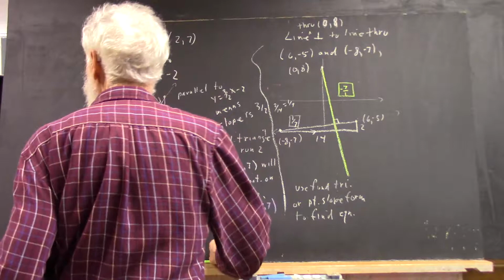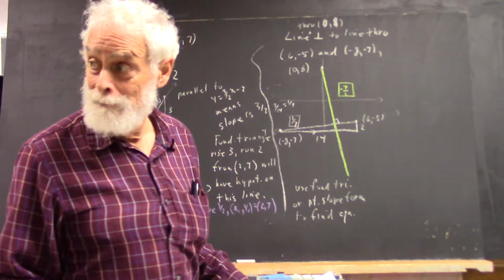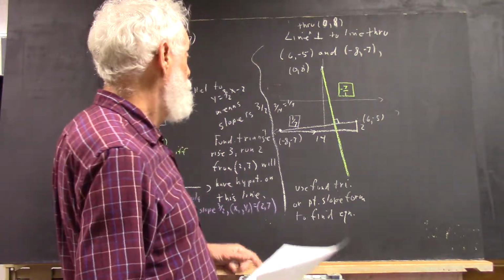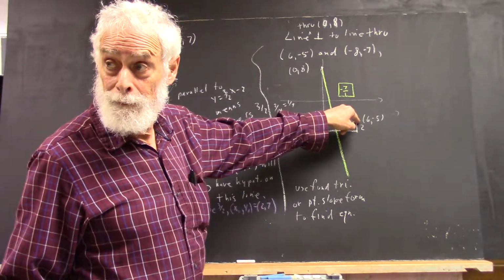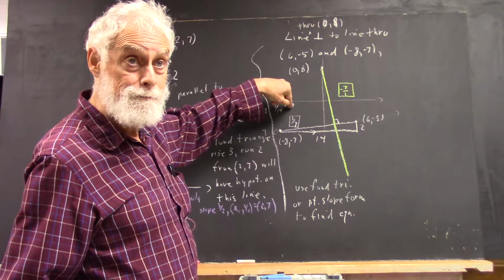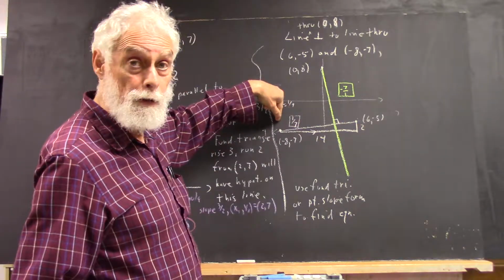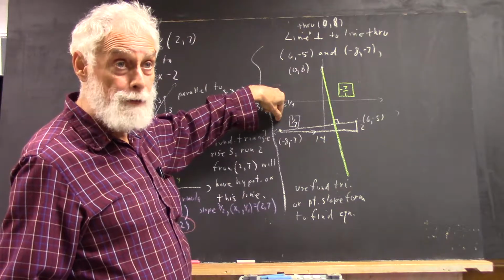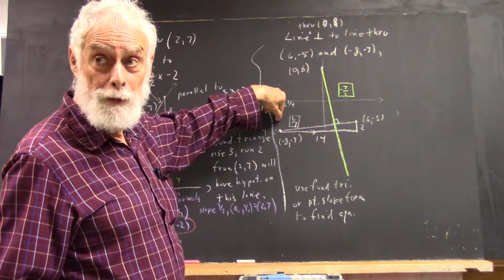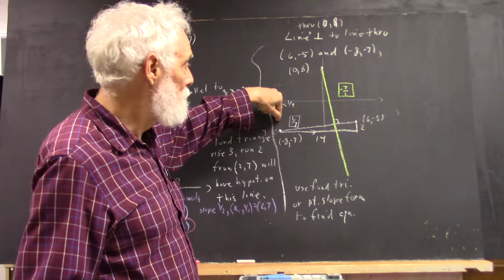I'll do it both ways because it only takes a minute either way. As soon as you see we have these 2 points, we've got to get the line from here to here, right? We naturally get the slope. We naturally do a fundamental triangle on the slope because we're pretty sure it's going to be important. If it isn't important, it probably didn't hurt anything. Just discard it, but it's important.